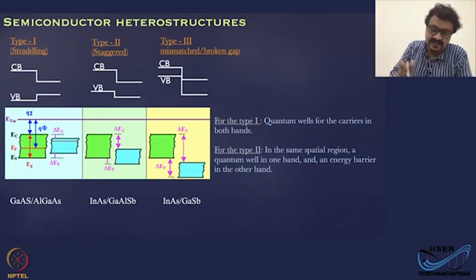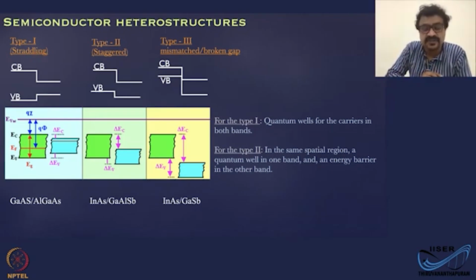So the first one is type 1. We also call it straddling. So in this case, what you have is the conduction band and valence band of one side. This is the interface.